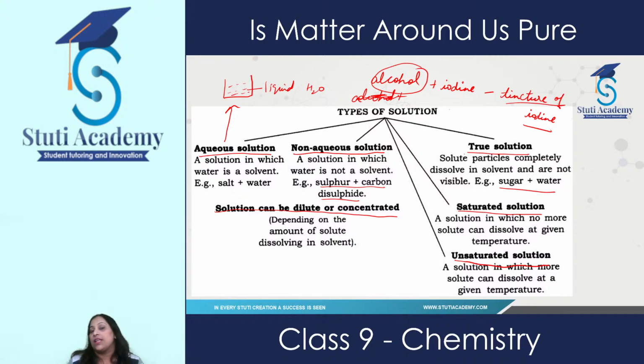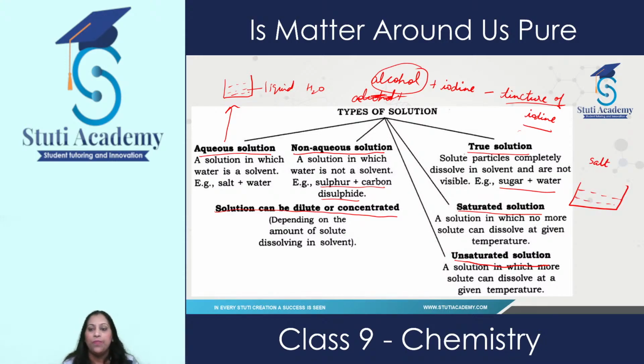Then we have saturated solution. A saturated solution is that type of solution in which we cannot add more solute after a certain point at a given temperature. Suppose I take water and add salt into it.